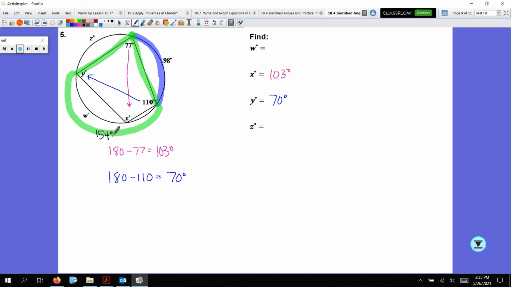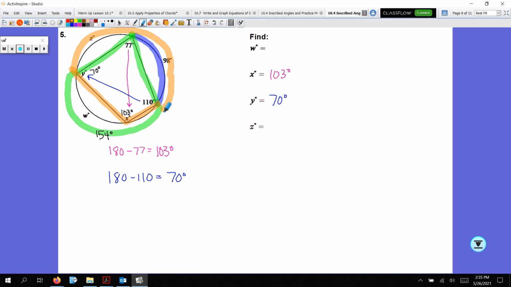Okay, now let's keep going with our inscribed angles all the way around the circle. Actually, I'm also going to fill out what x is. This is 103, and y is 70. Let's go the other direction, completely opposite here. I'll use orange. Here's an inscribed angle. It intercepts the arc including the blue, okay?